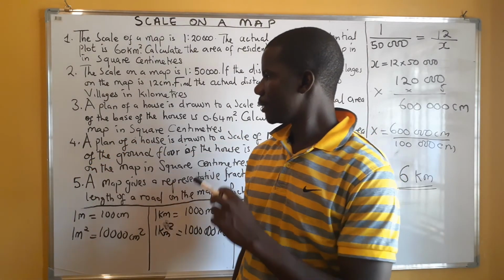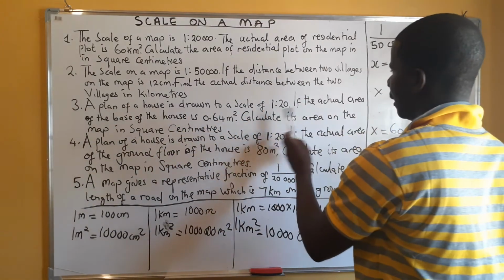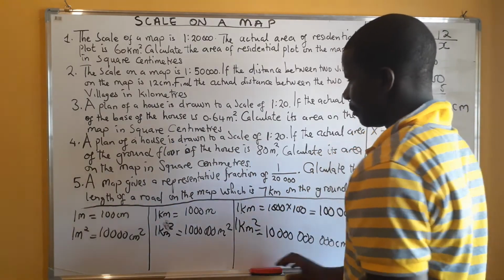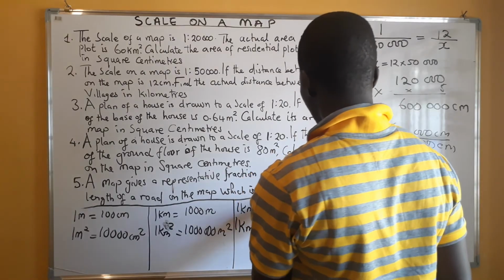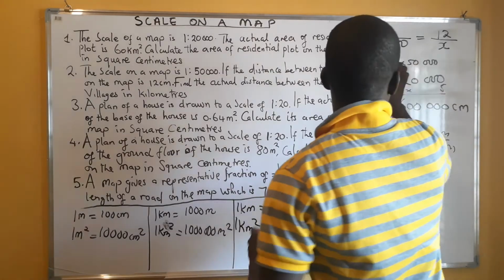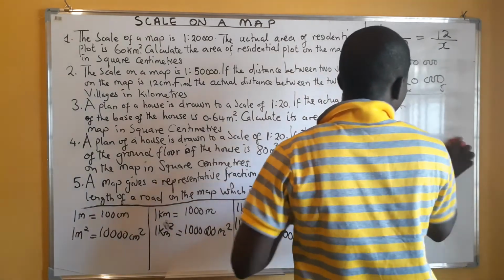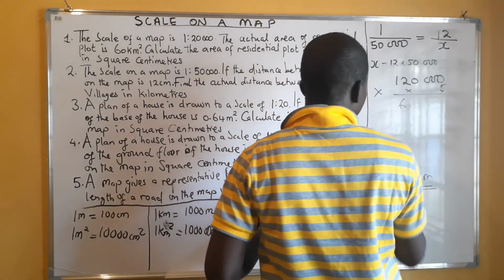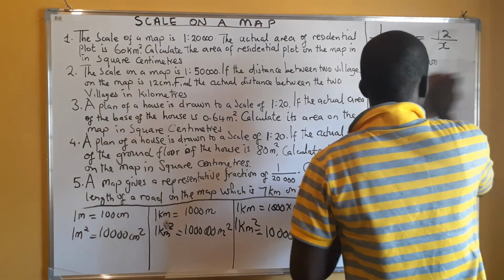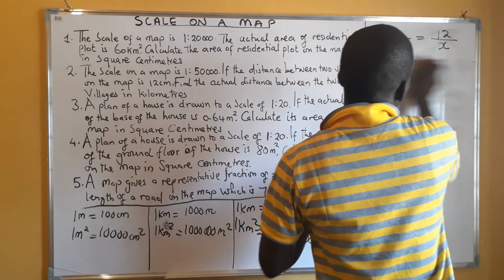These are basically the same, but maybe I can show you just on one, not the whole lot of it. I just want to show you what is expected of you to do.